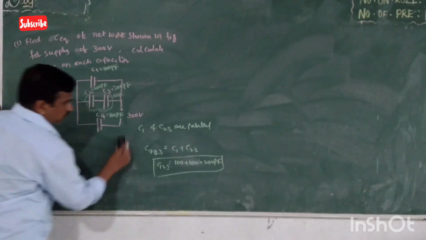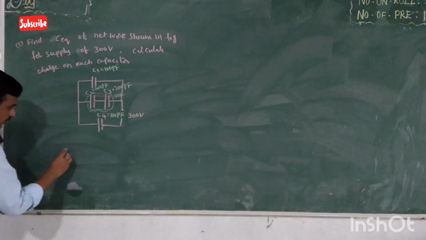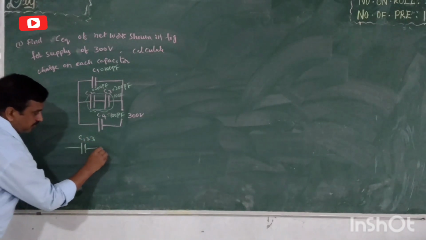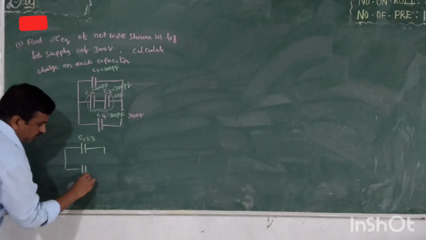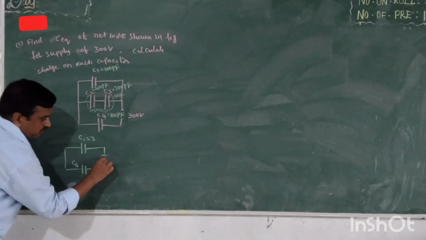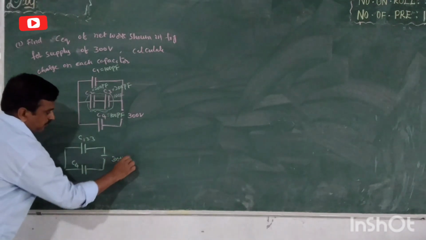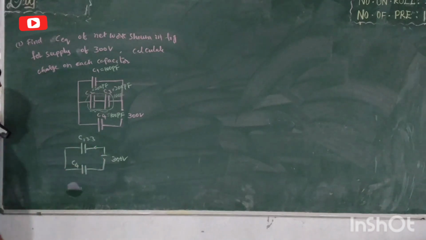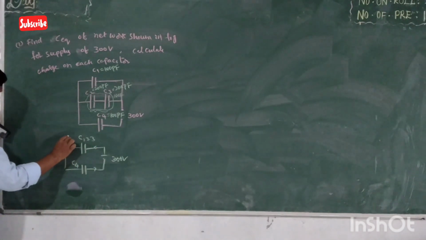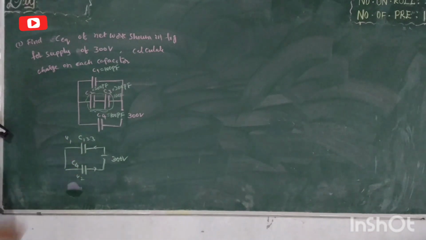What is the next circuit now? Here we have C123 and here C4 is there, with 300 volts. See these two now. Here the charge Q enters the same, so the charge is the same and the potential is divided: here V1, here V2. So this is in series.